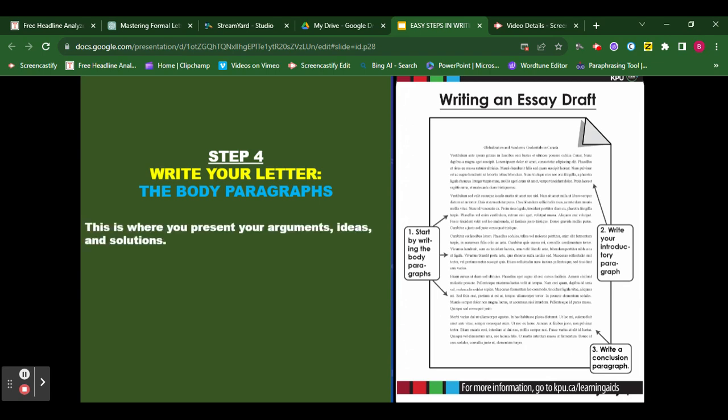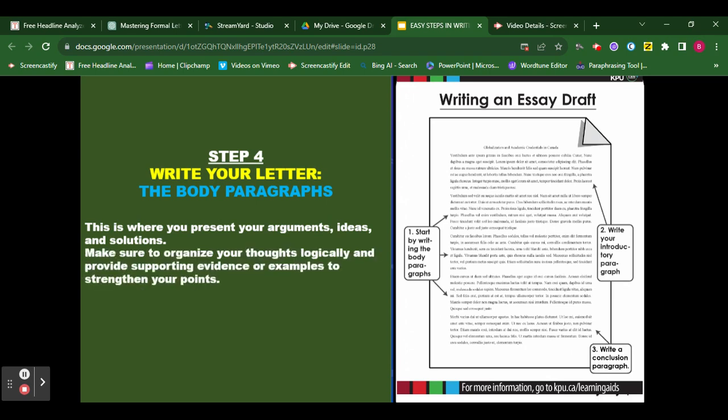This is where you present your arguments, ideas, and solutions, because the introduction or the first paragraph is where you simply tell the receiver what the letter is all about. You present the topic for discussion, and then in the body of the letter, you discuss in detail your arguments, your ideas, your solutions. You explain what you want to say or write.